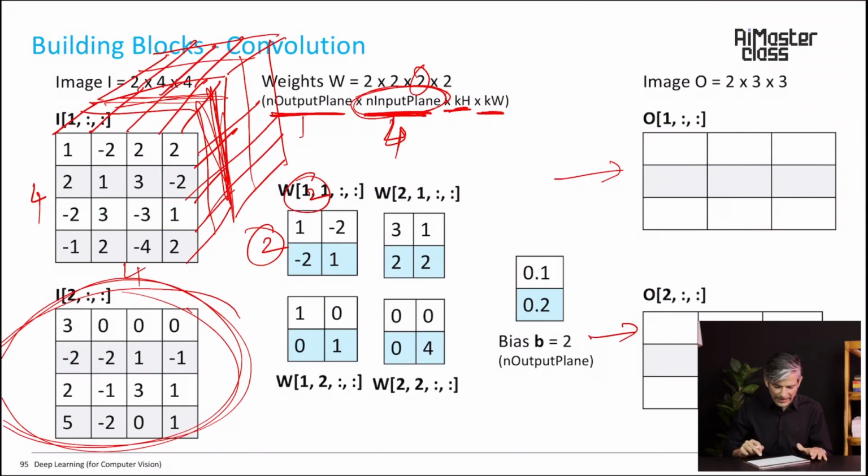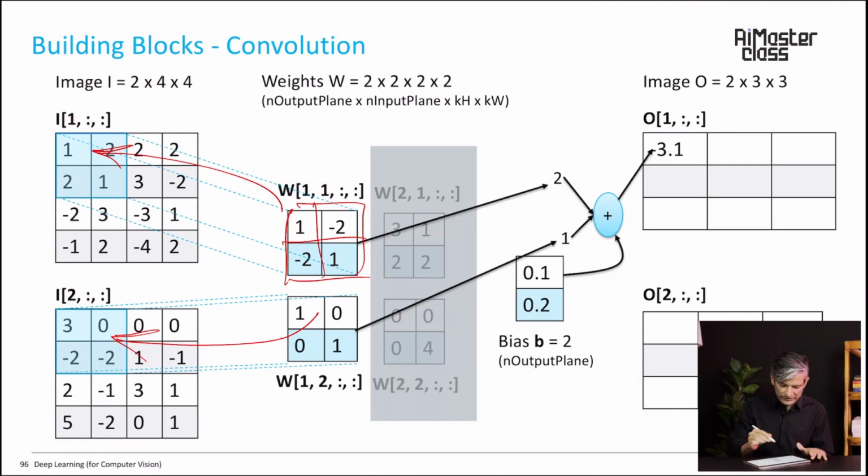So having understood that, let's look at this step by step. What we are doing is putting this here and doing a dot product. So 1 into 1 plus 2 into minus 2 plus minus 2 into minus 2 plus 1 into 1, right? So this operation gave me 2, right? Because 1 into 1 is 1, and then 1 into 1 is 1, and then no, I think I made a mistake, but you get the idea, right?